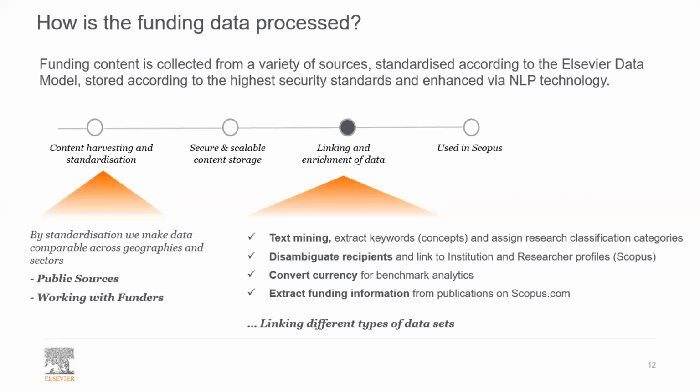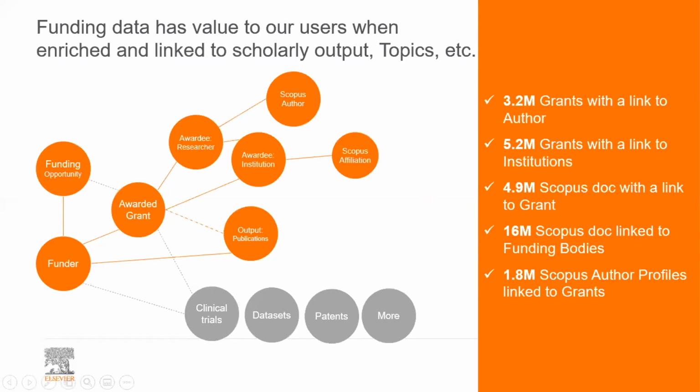Next slide, please. At the end of the day, what we aim to do in the funding domain is to contribute to the creation of the knowledge graph of research, focusing on the research funding space by collecting, curating, enriching, and linking all relevant entities to create value for the research community.